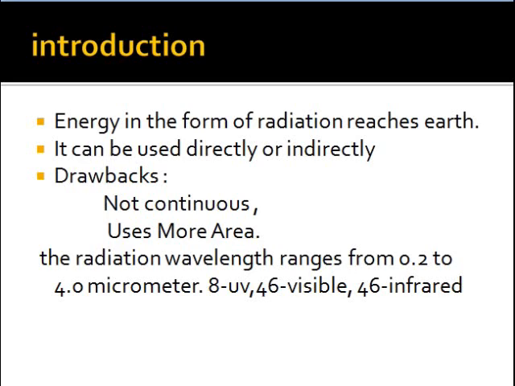And this solar radiation has a lifespan of some millions of years. That's why we can say that solar radiation that reaches the earth is an inexhaustible source of energy. I mean to say, the sun has a life of millions of years.